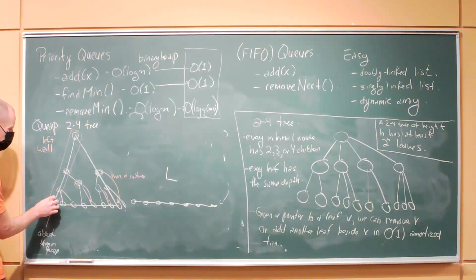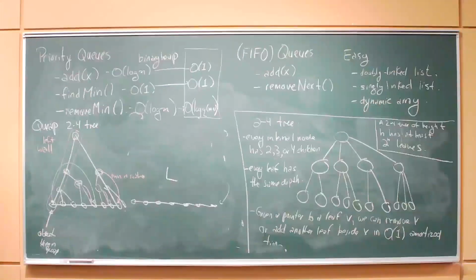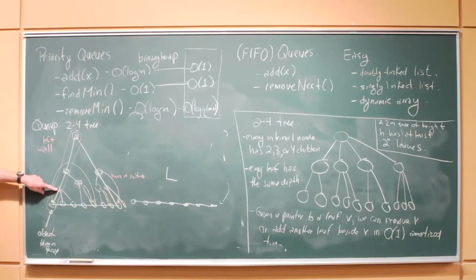So maybe that's the minimum overall. This one also stores a pointer to the minimum value that is not in this subtree.